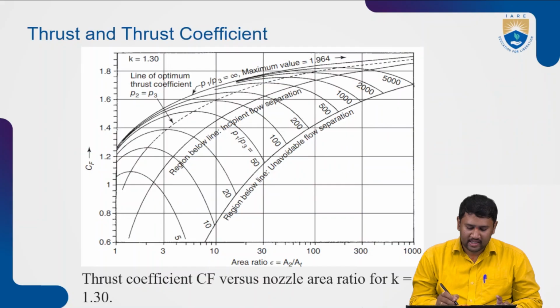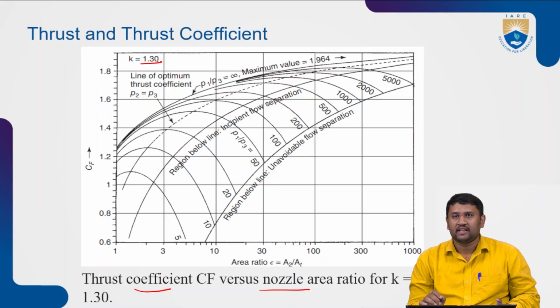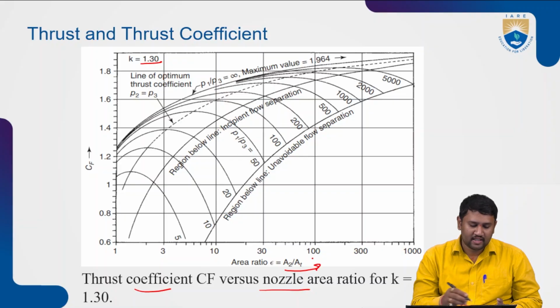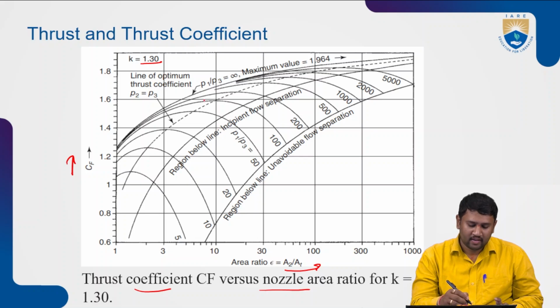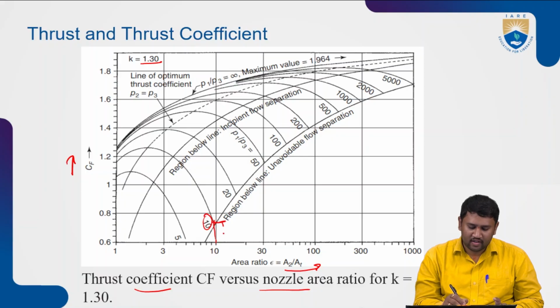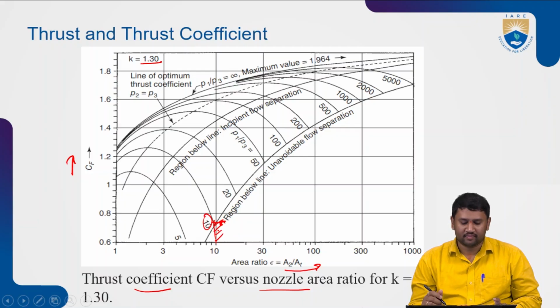Now, next will be the thrust coefficient versus the nozzle area ratio for a K value of 1.3. Considering the same, the area ratios to the thrust coefficient, if you are considering the same pressure ratio of 10, what you have initially for a lower region is flow separation, right?